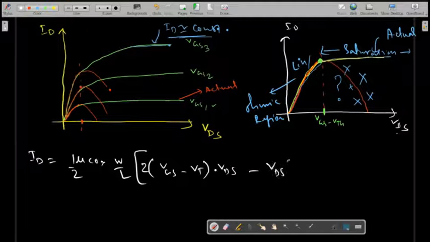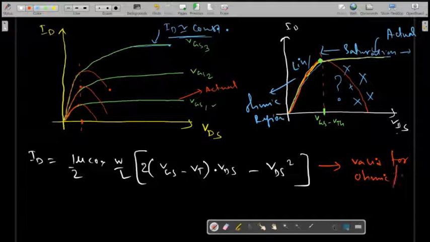minus VDS square. So the summary is, this is valid for the ohmic or linear region. Up to this point it is valid, and after that it is not. So we can write this as ID lin.